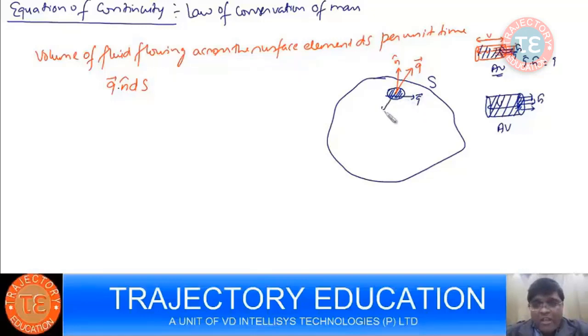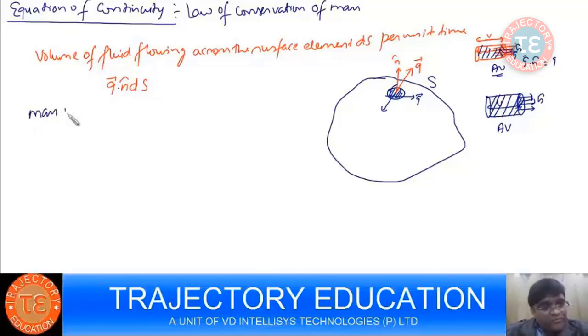And if the fluid is flowing in, then it is not coming out. In that case theta is obtuse and q dot n is negative. So if it is positive, fluid is coming out. If it is 0, fluid is neither coming out nor going in. If it is negative, fluid is flowing in. So in general I write it like this, q dot n ds.